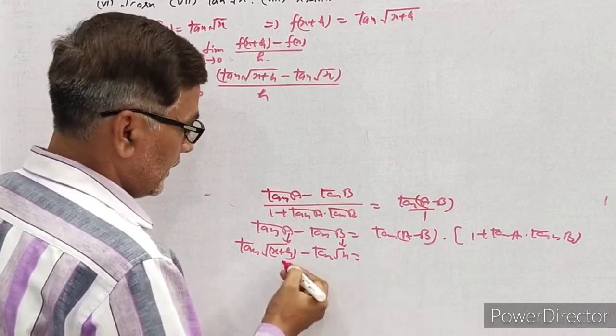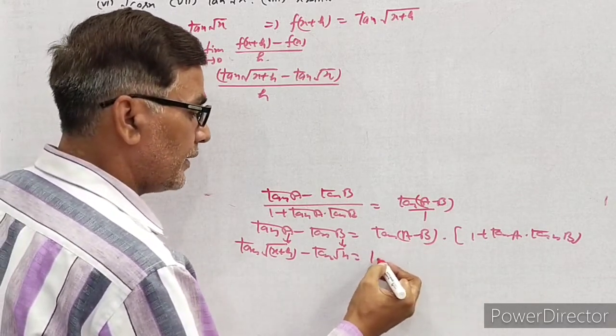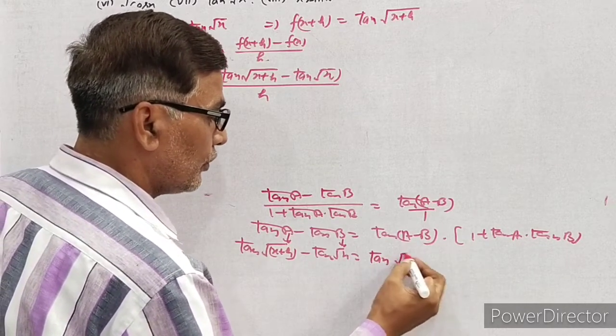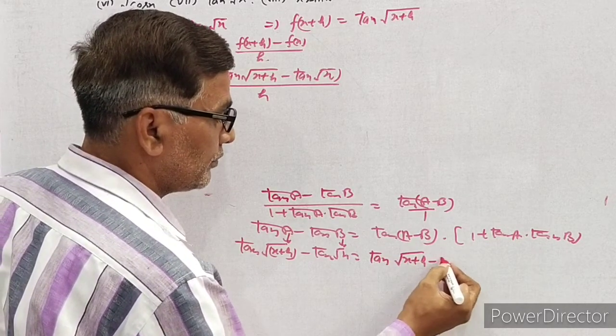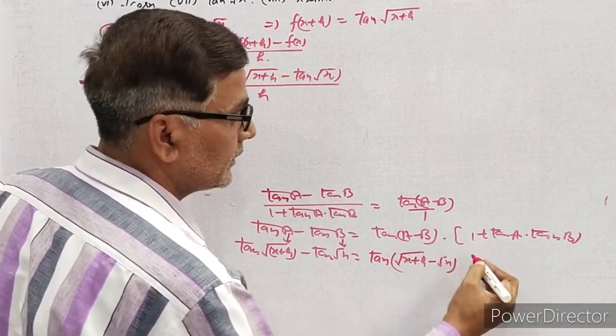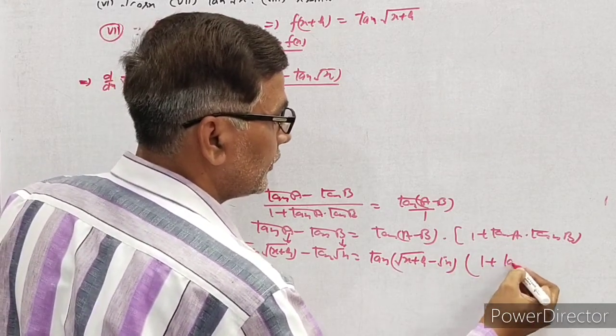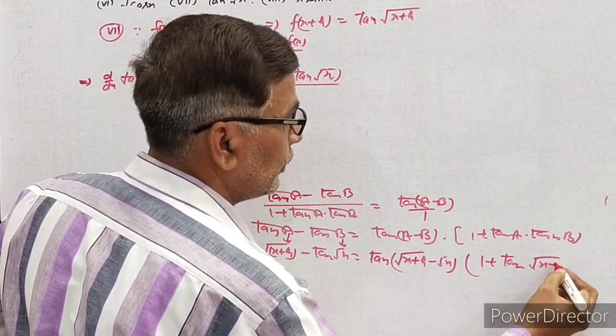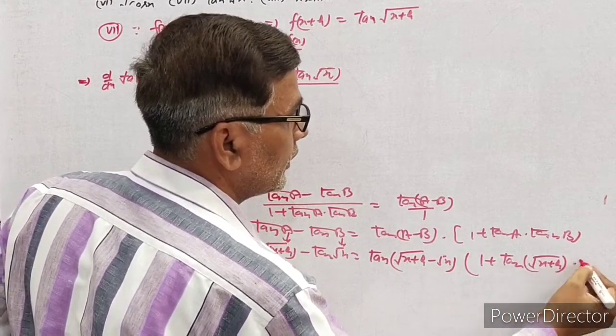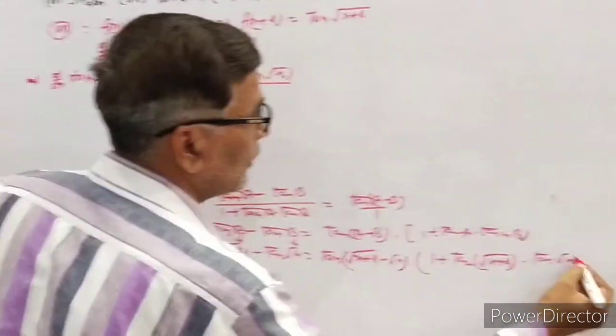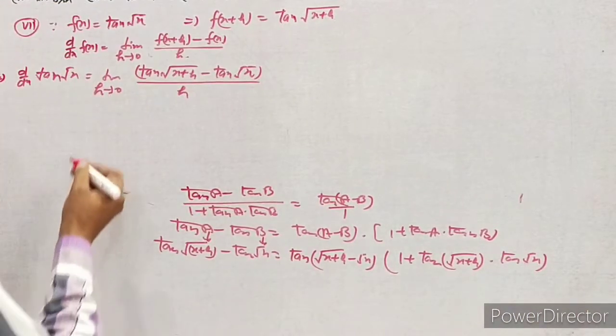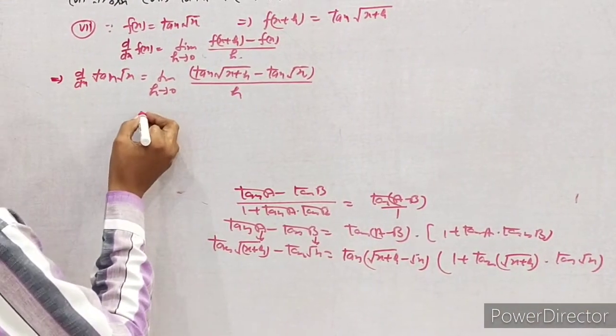Replacing the values of a and b, we have tan(root of (x plus h) minus root of x) into (1 plus tan root of (x plus h) into tan root x).